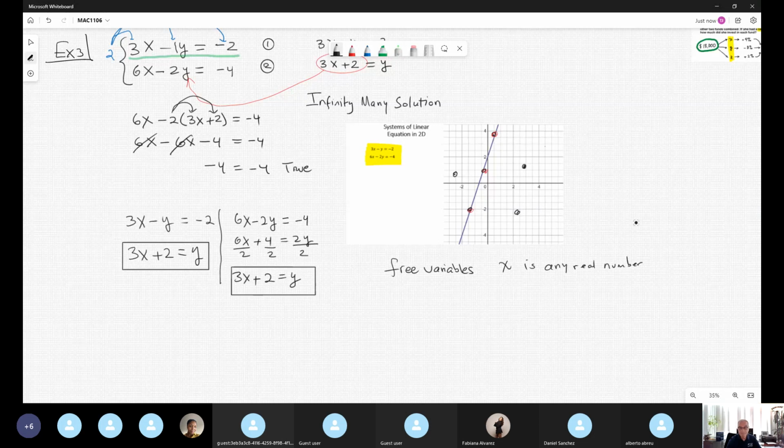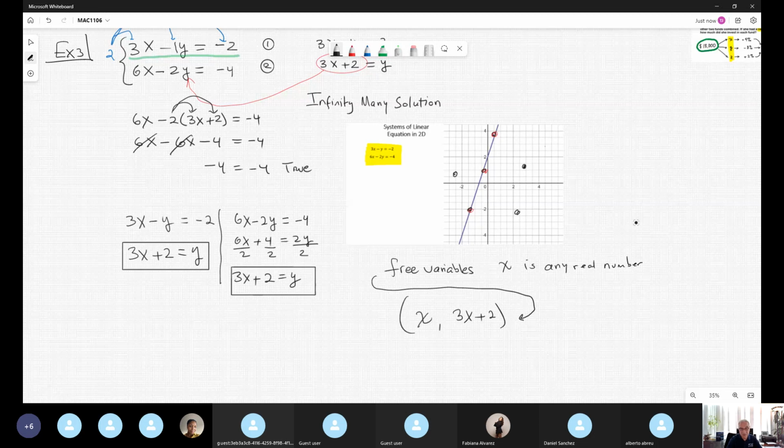Now, how do you write the solution? One of the solutions you write like an ordered pair, but you declare x as x, and y is 3x plus 2. Of course, with a specification here: x is any real number. This is one way to do it.